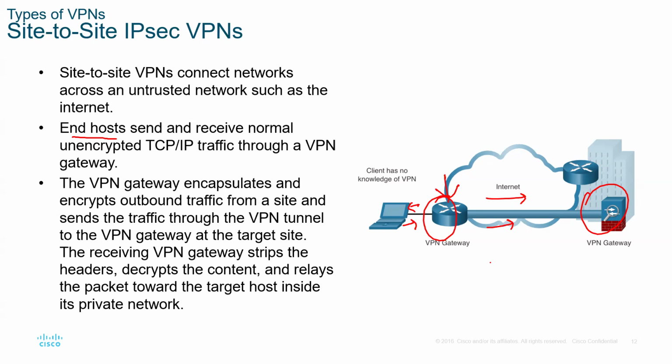Basically, traffic is at layer 3 IP, we take a header, add the IPsec header, provide authentication and encryption, and we can add integrity. Then we add another header, an extra layer of security.